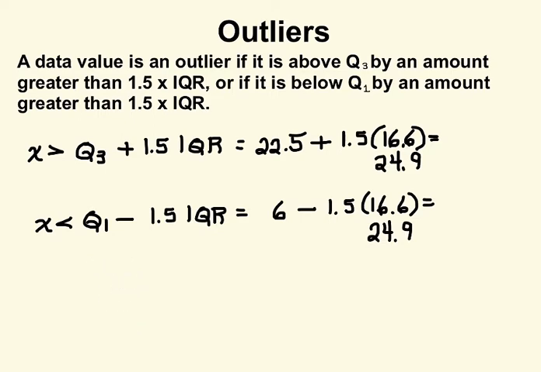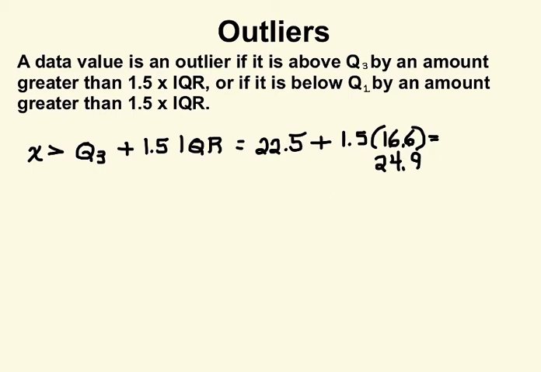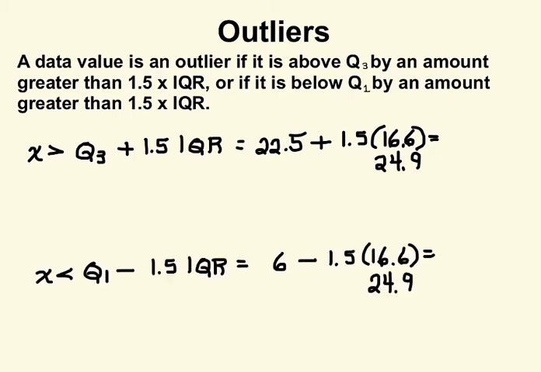What I'm going to do is take these two, this bottom one disappears, I move it down. To find out what x has to be, x has to be greater than Q3, 22.5, plus 1.5 times the interquartile range.